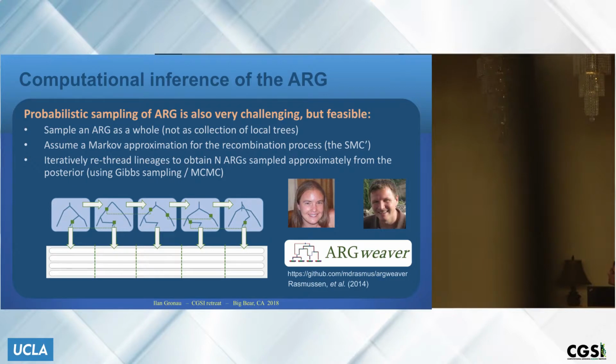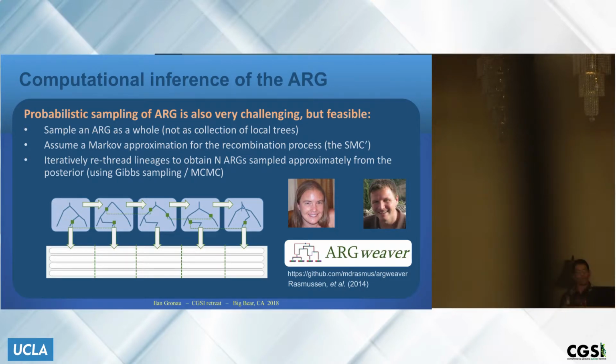And the final thing, the neat specific trick that ArgWeaver takes, is this rethreading approach. So you start with an arbitrary ARG, you just guess an ARG for your data, then you choose a lineage and you look at that lineage along your trees and you take it out. So you now have an ARG on n-1 samples.